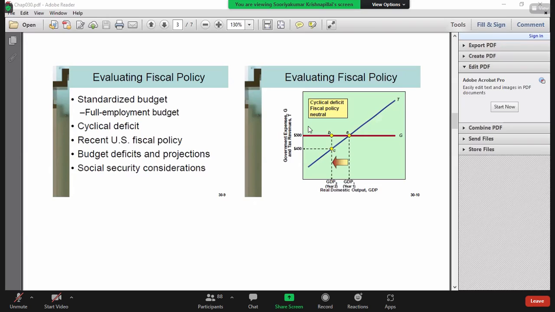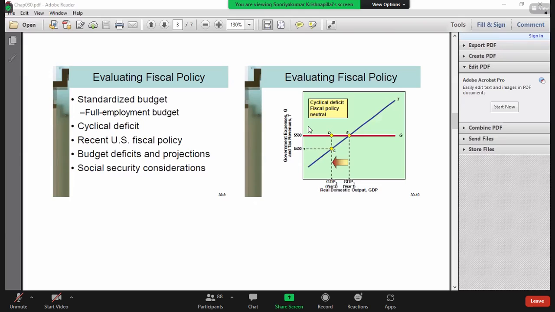So standardized budget means, in the graph you can see government expenditure over the year or real GDP. Whatever the real GDP, we assume government has a certain expenditure every year.